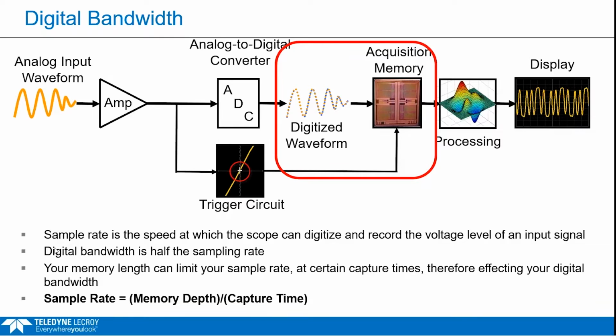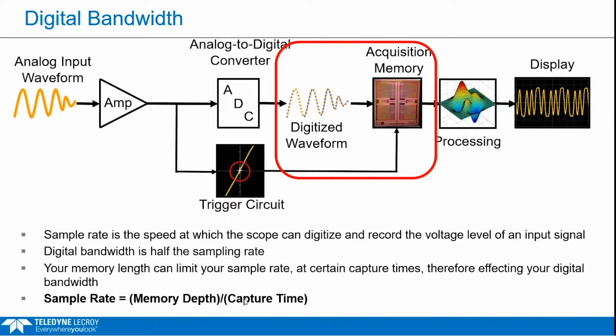So therefore, the sample rate is the speed at which the scope digitizes and records the voltage level. And then the digital bandwidth is half of that due to Dr. Nyquist. And then now most important here is memory length. That can limit your sample rate at certain times, therefore it will affect your digital bandwidth. And so there is this little formula here: if you look at your time base, your time per div, that is usually a times 10 graticule.